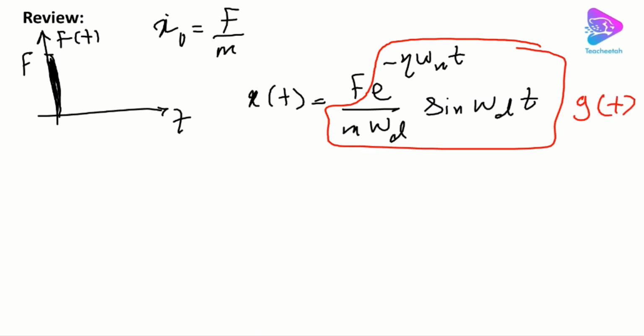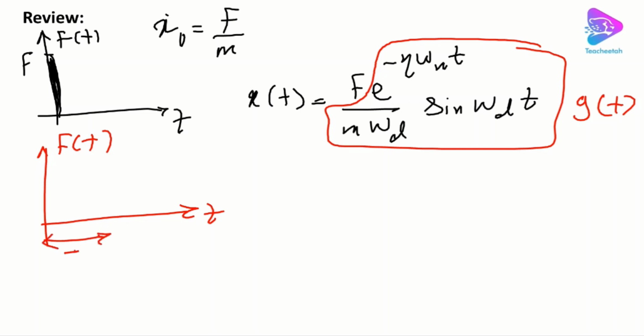Now imagine the case that the impulse is applied to the system not necessarily at the beginning of the time span. So this is F(t), but the force is applied, for example, after a period tau. So there is an impulse in the system like in here, right? And the amplitude of this impulse is F. For this case, we can also use the above equation to find the response of the system.